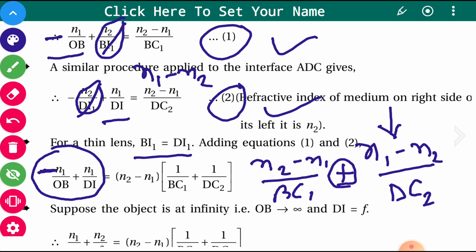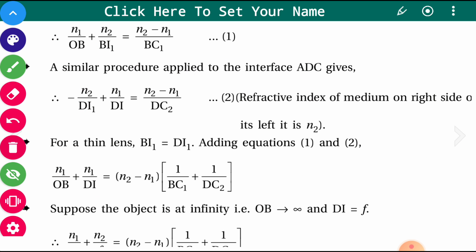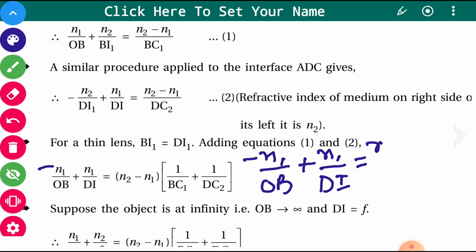So our equation will become minus n1 upon OB plus n1 upon di. And n2 minus n1 will be common, so it becomes n2 minus n1.